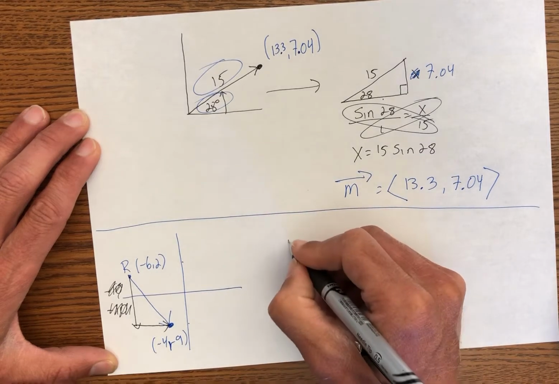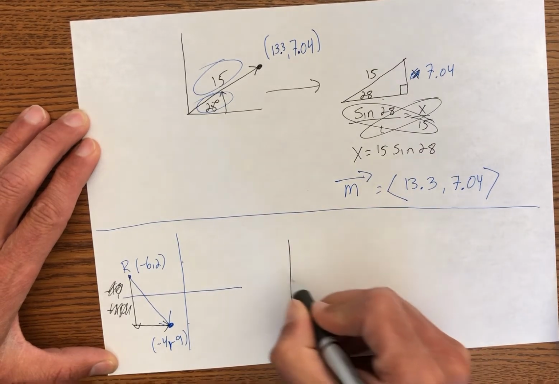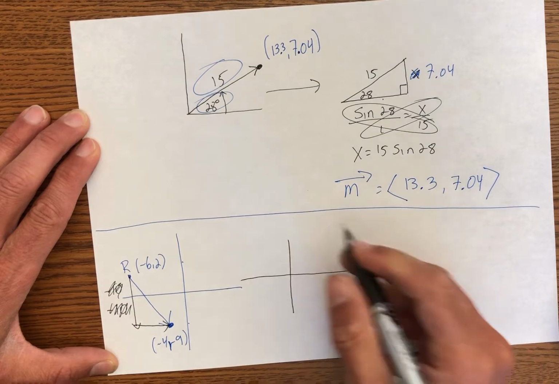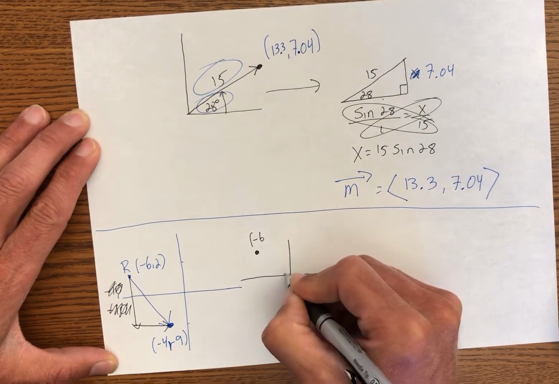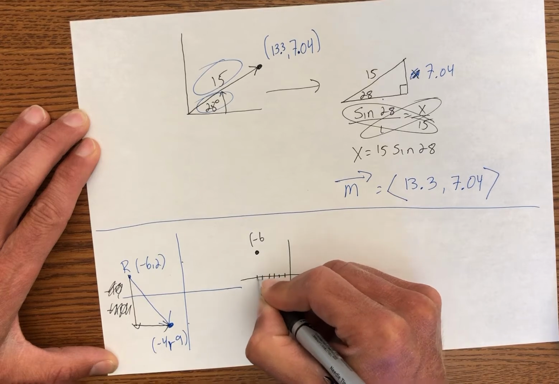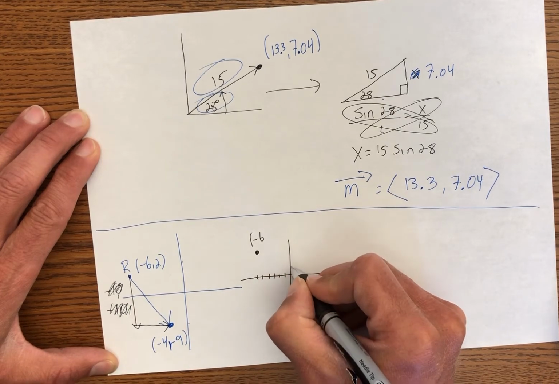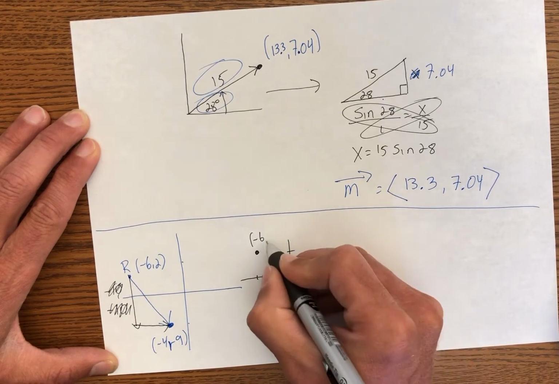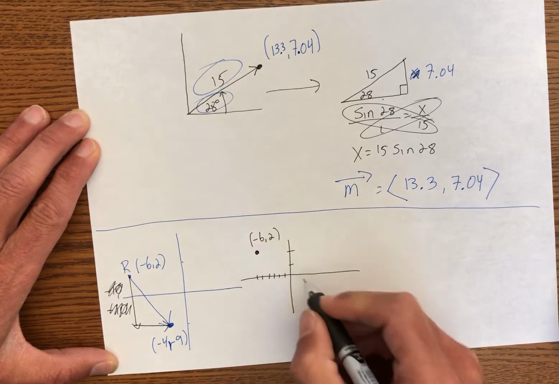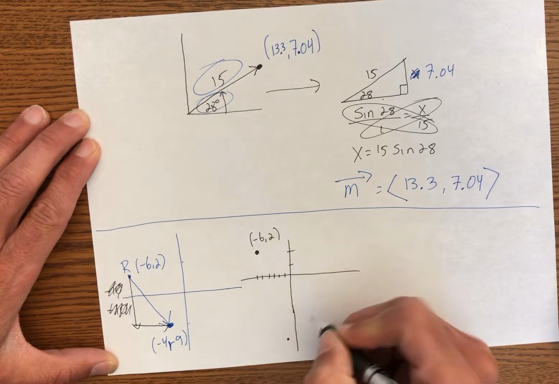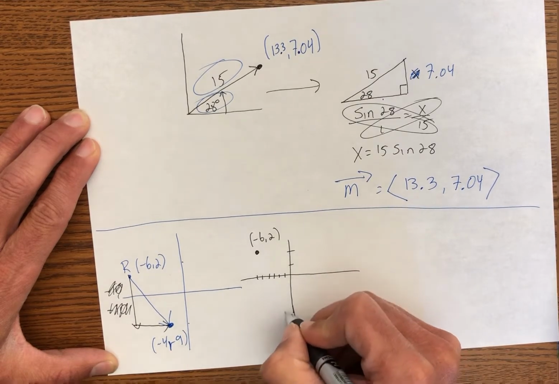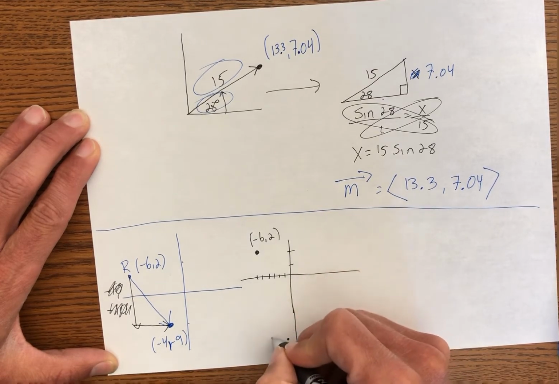Let me redo this. Sorry for the confusion. This is -6 and +2. This way down here is -4. Let me draw that better.